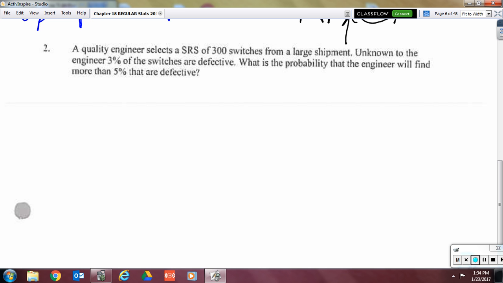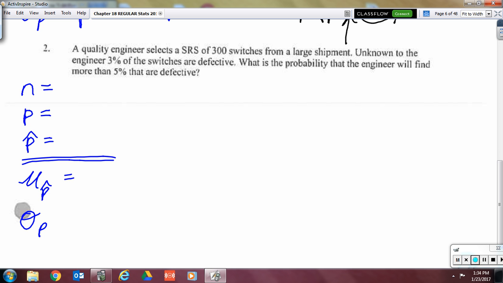All right, so let's write down the menu of items I need: p hat, the mean of p hats, and the standard deviation of p hats. That's what I want on every single problem to start with. So let's see if you can fill those in. Try that.